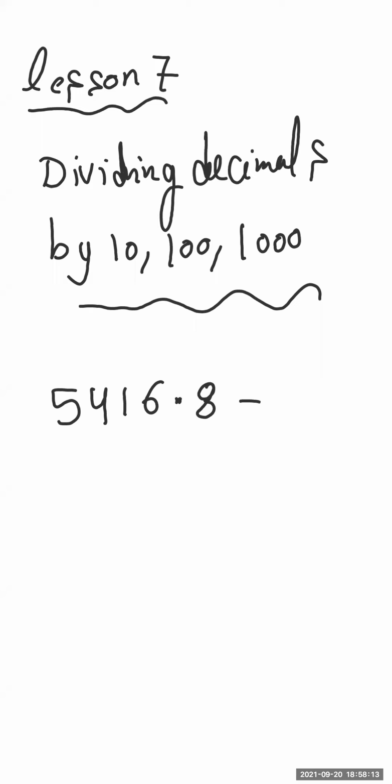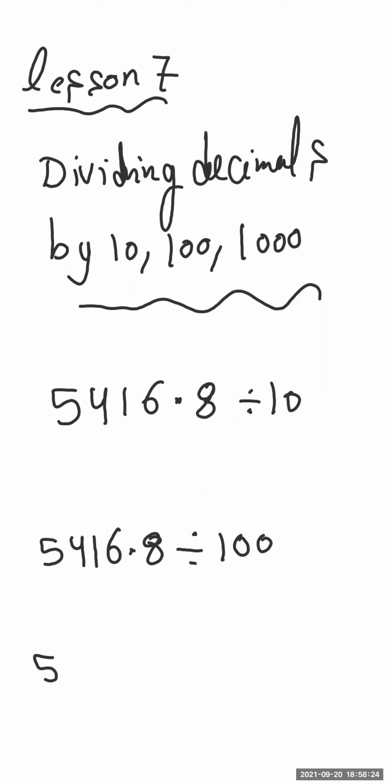If I divide it by 10, also if I wanted to divide the same number by 100, and the same number again one more time, but this time by 1000.